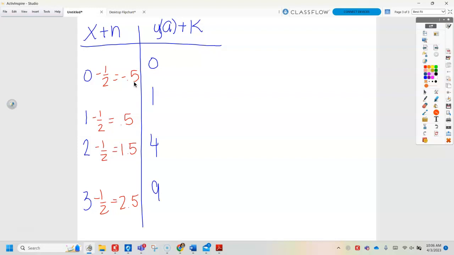My y's are all reflected because a was -1. That tells me that this graph opens down like a frown. It tells me that I have a max.